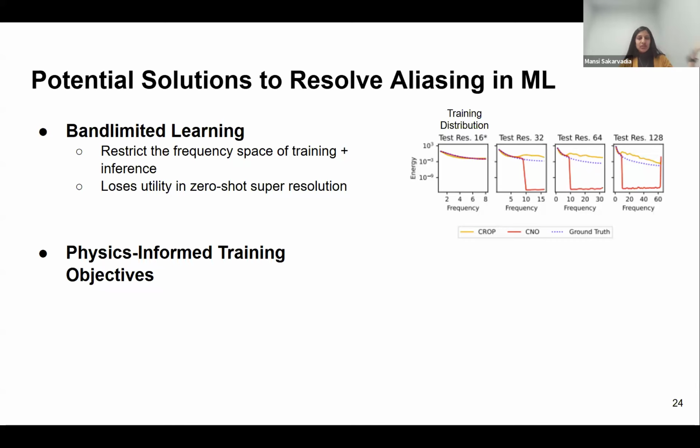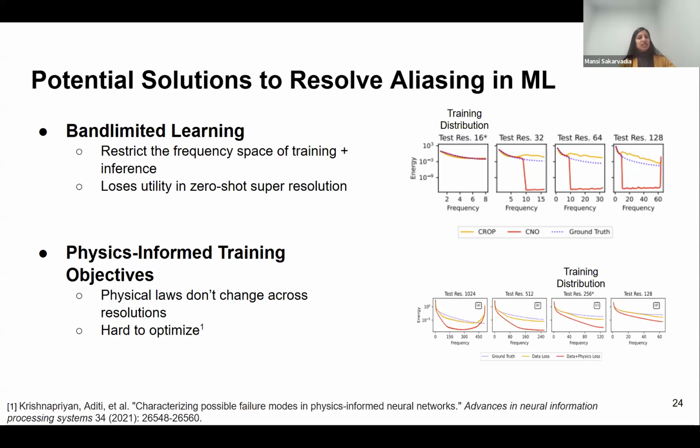The next intuitive solution is physics-informed training. And I really liked this approach because we all know that physical laws don't change across resolution. What we found in practice and also concurrently in the literature is that physics-informed training objectives can be hard to optimize. It can actually make the loss landscape bumpier than it was without that objective.